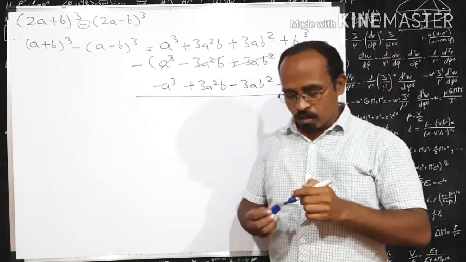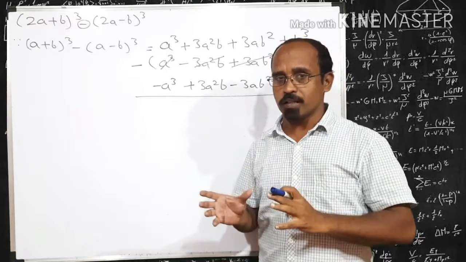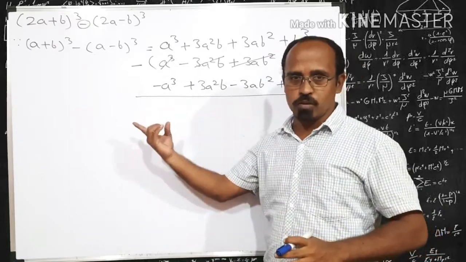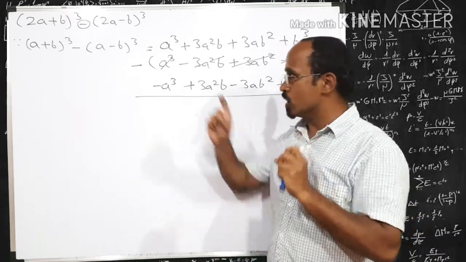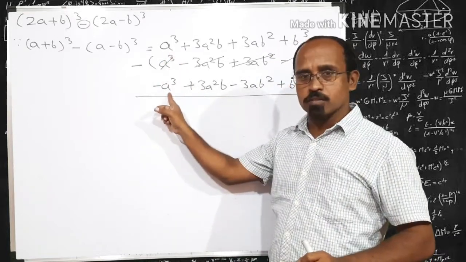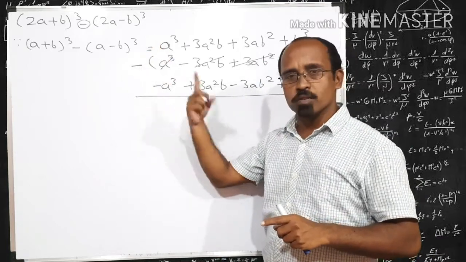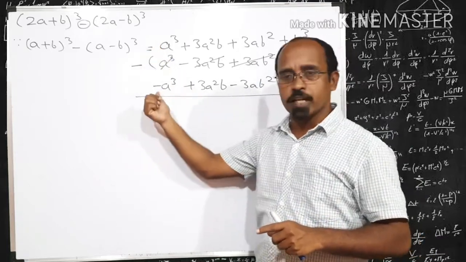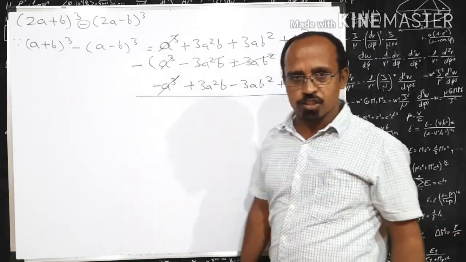Clear? And we know that it is not fixed whether to add or subtract. It depends on their symbols. Second thing, we can do addition or subtraction of like terms only. So a³ and a³ are like terms, meaning we can add or subtract them. Symbols are different, so we have to subtract. a³ − a³ is 0, meaning they cancel each other.